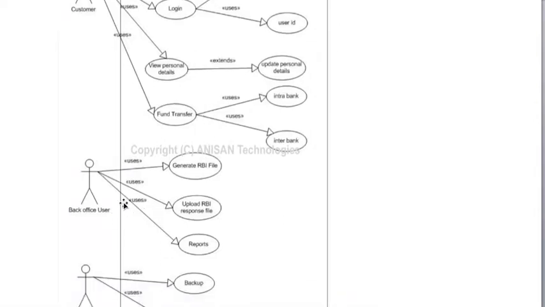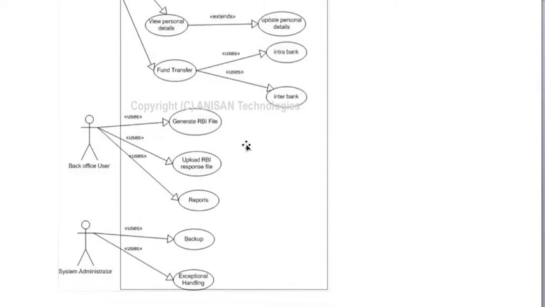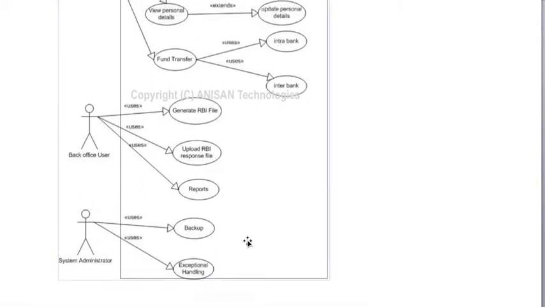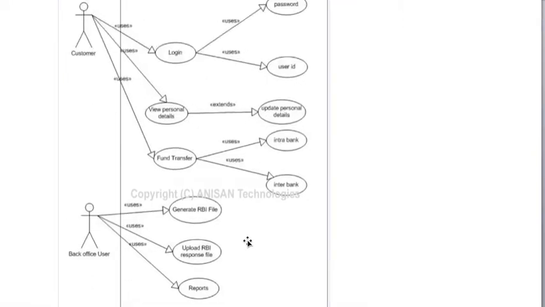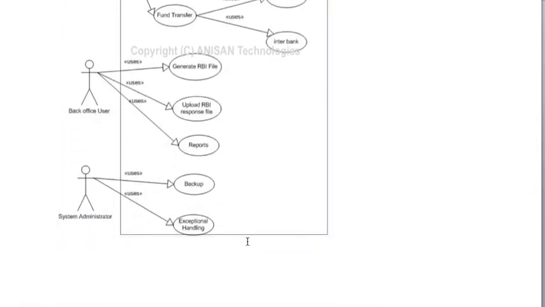The back office person will generate the RBI file to send to the RBI, upload the response file if there are queries, and also generate reports for management. This is the back office user. The system admin will do the backup and exception handling. So these are the three different users and the features and functionalities they handle. That is also one way of capturing your solution scope.